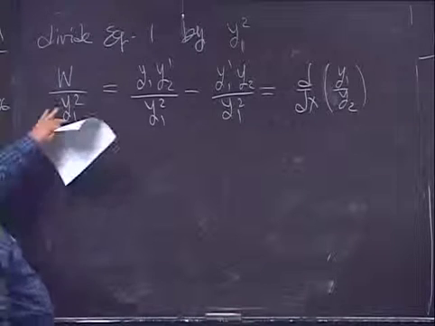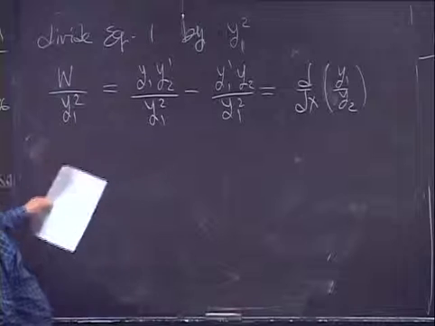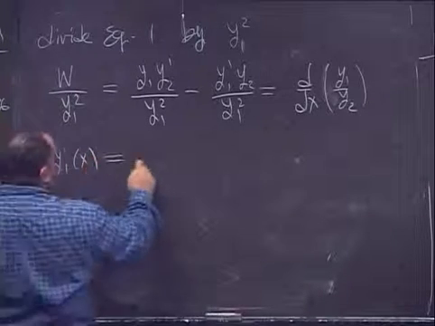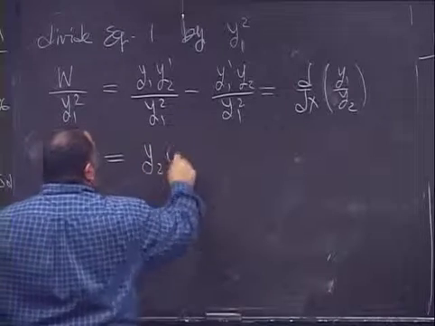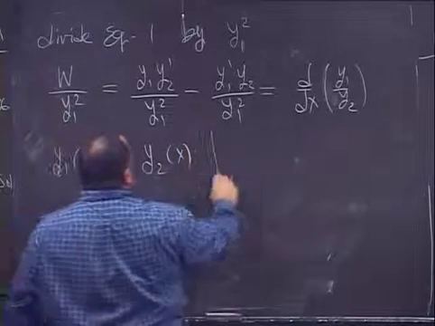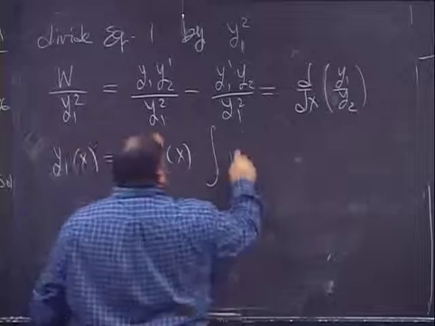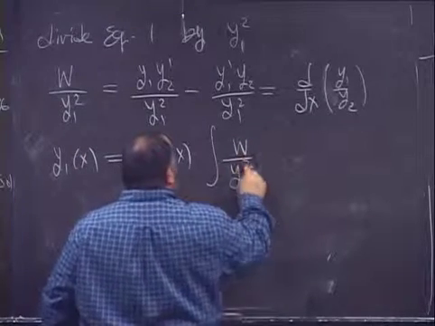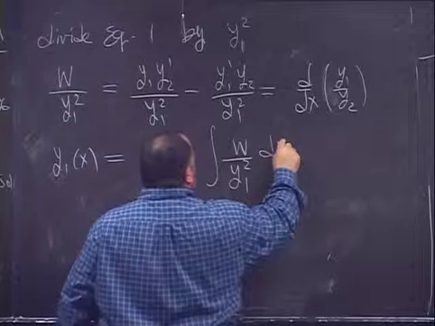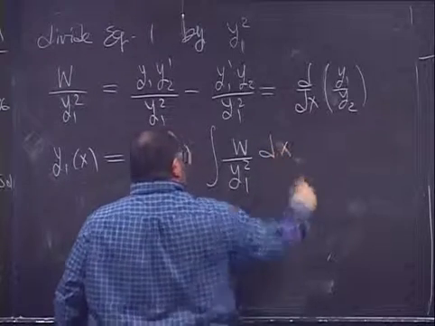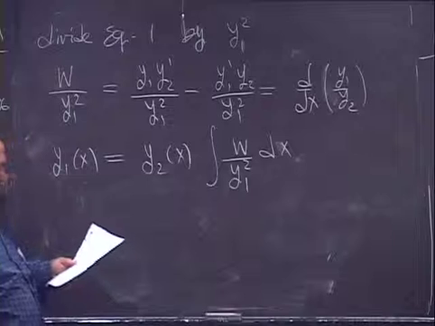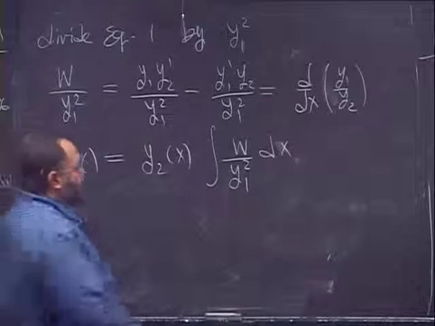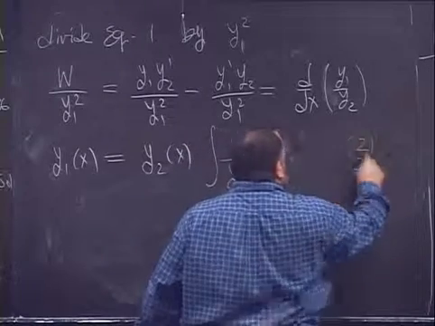So what we will do right now is just say that y2 of x is nothing more than y1 of x multiplied by the integration of omega over y1 squared dx. And we will call this equation 2.